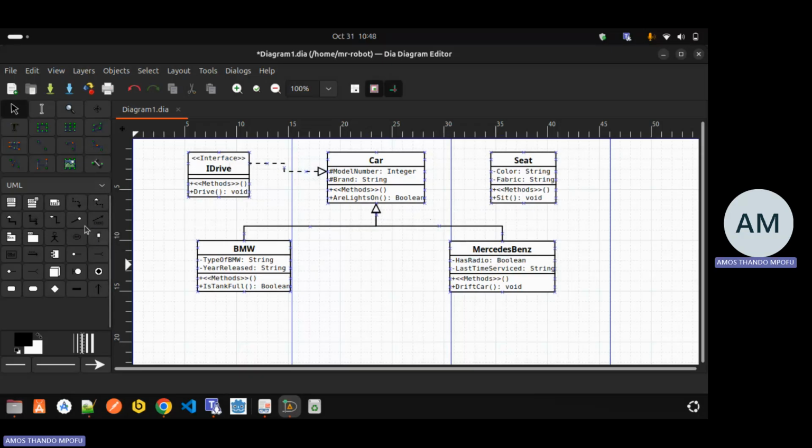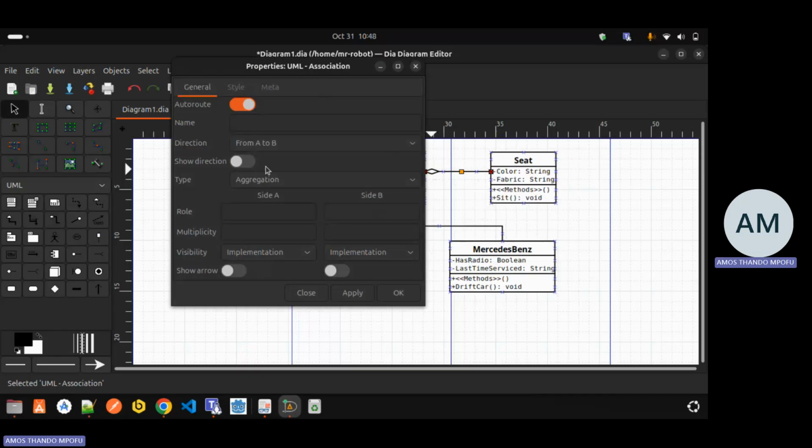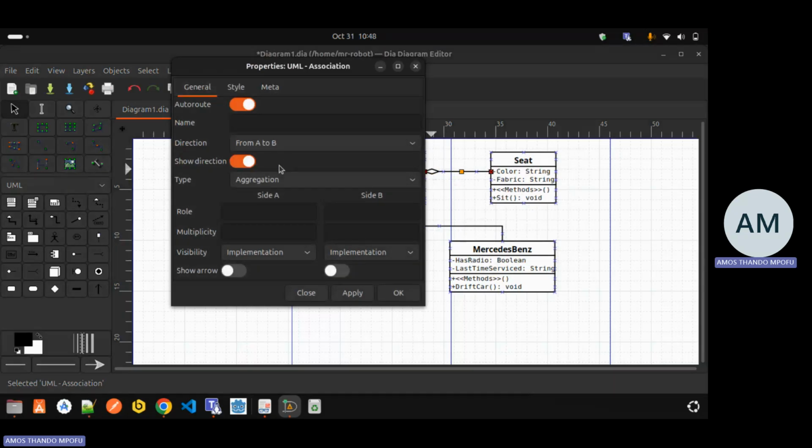So this seat is an aggregation. It's a part of this because each car has a seat. And then I need to double click. Remember we need to denote composition.